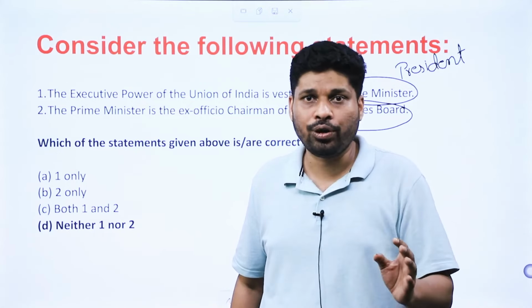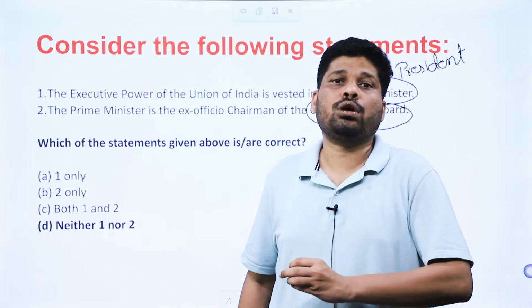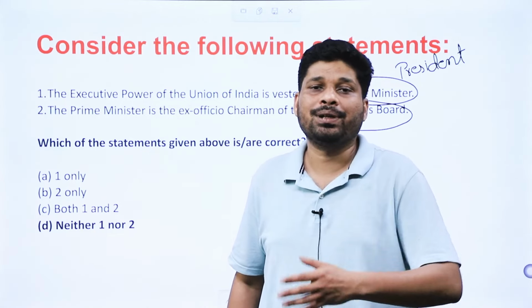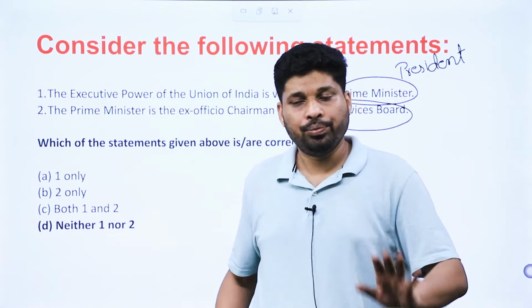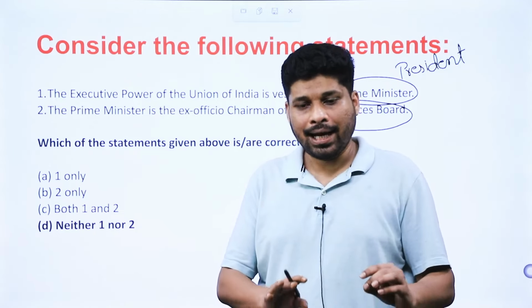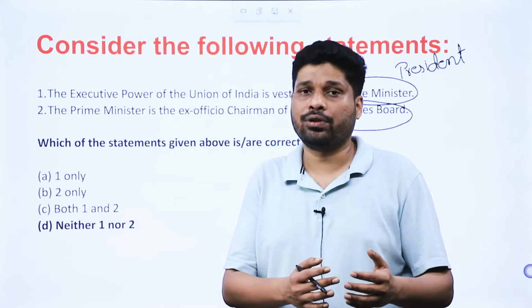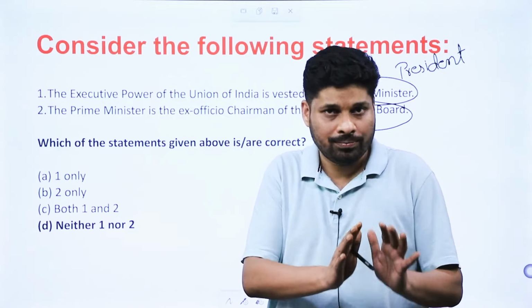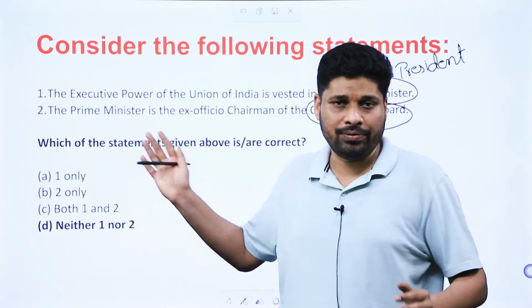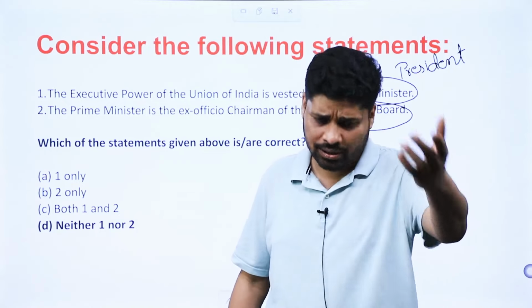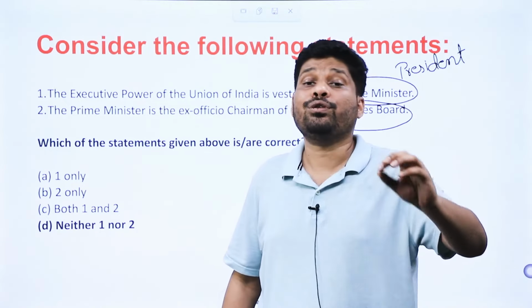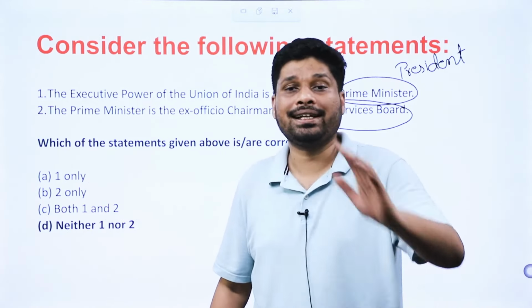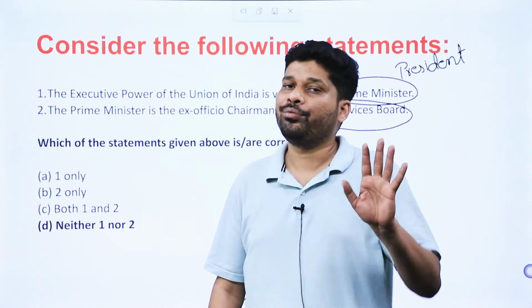UPSC does not want you to read extraordinarily specific and focused subject material. UPSC knows what you are reading and it will ask question on the basis of what you are reading. So focus on that, and when you recall while solving the papers, while solving the test or the examination, if you are not able to remember any such statement, that means that statement is not correct. That's it. Alright, you have to back yourself for it.